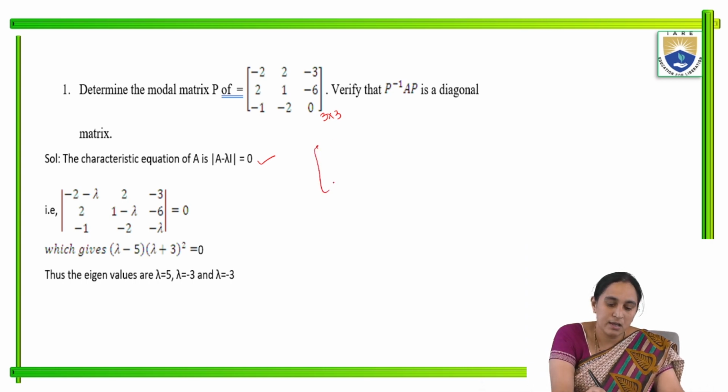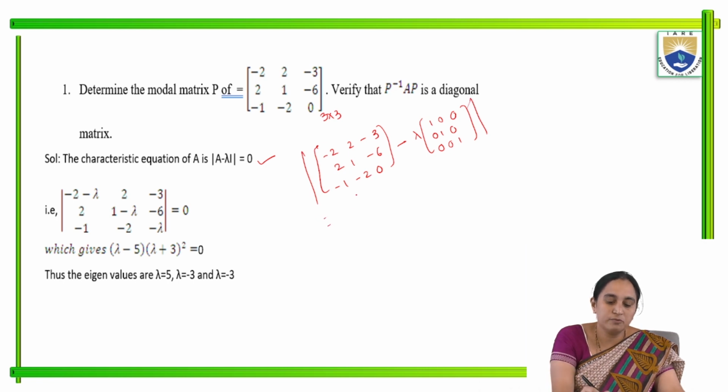Write it as the determinant of the matrix -2, 2, -3, 2, 1, -6, -1, -2, 0 minus lambda times the identity matrix 1 0 0, 0 1 0, 0 0 1.